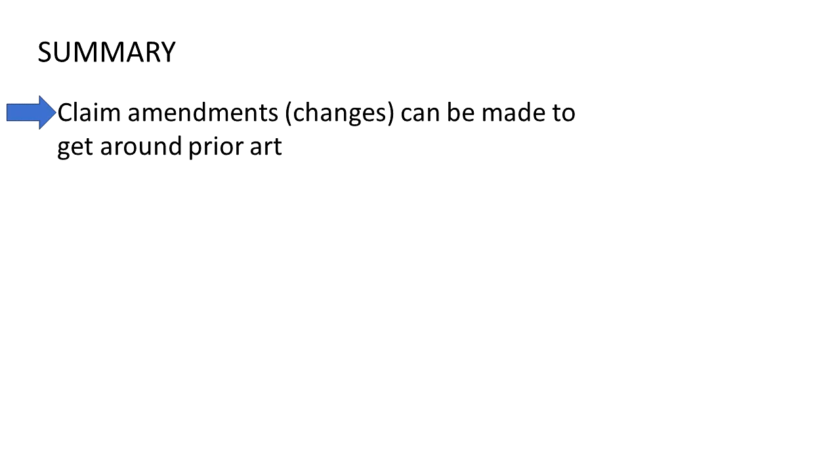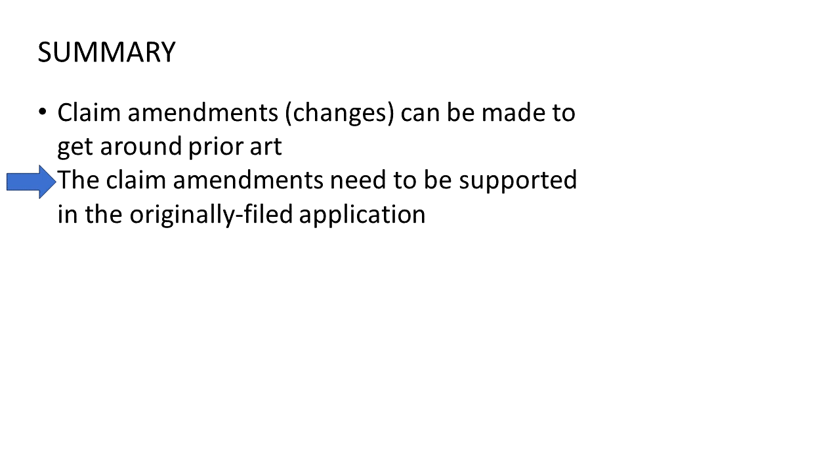As we saw in this example, we can make changes to the claims to get around the prior art. Usually this means making the claims more specific so that they don't accidentally describe something that already exists. Recall that we just can't make stuff up to add to the claims. Whatever is added to the claims must be supported in the originally filed text and drawings.